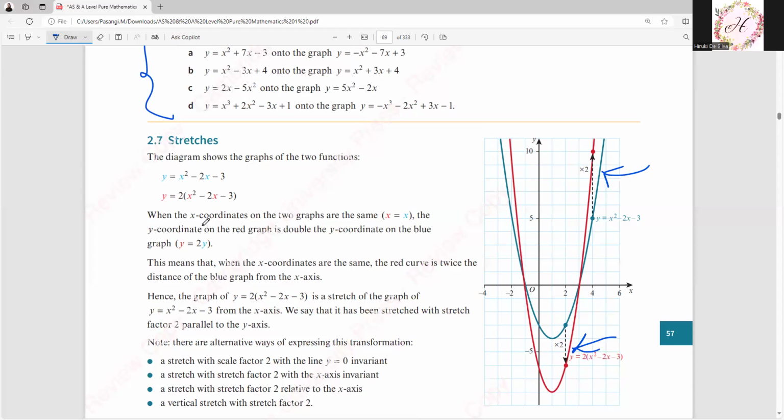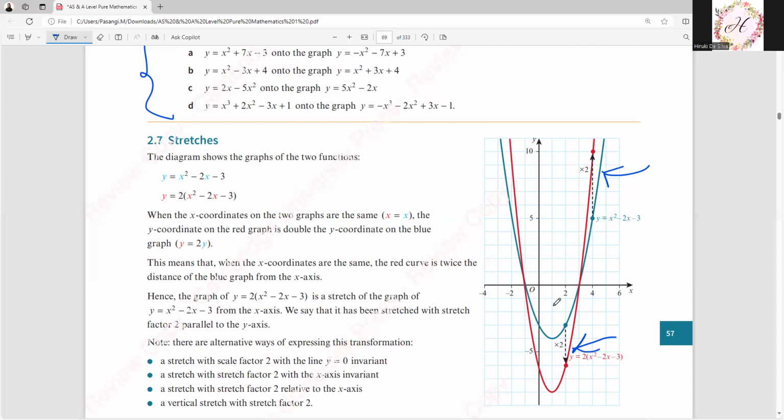Here it has been stretched vertically, but there might be some questions where we can see that it has been stretched along the x-axis as well, meaning horizontally.